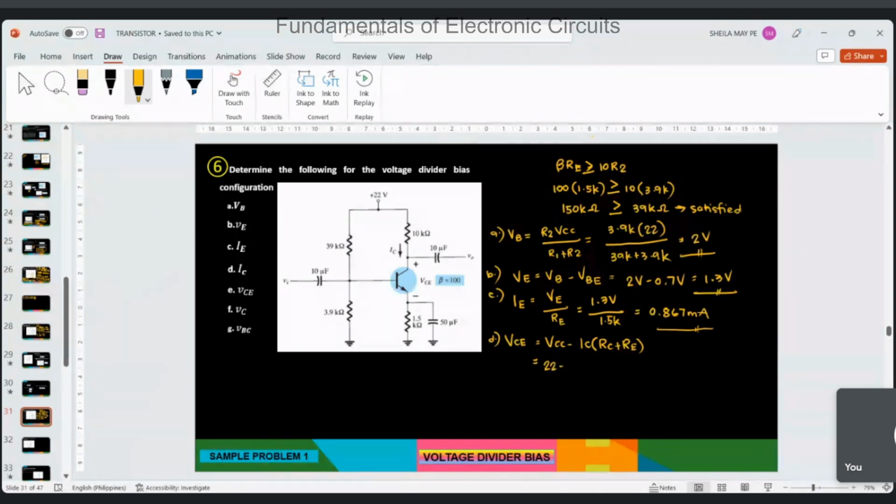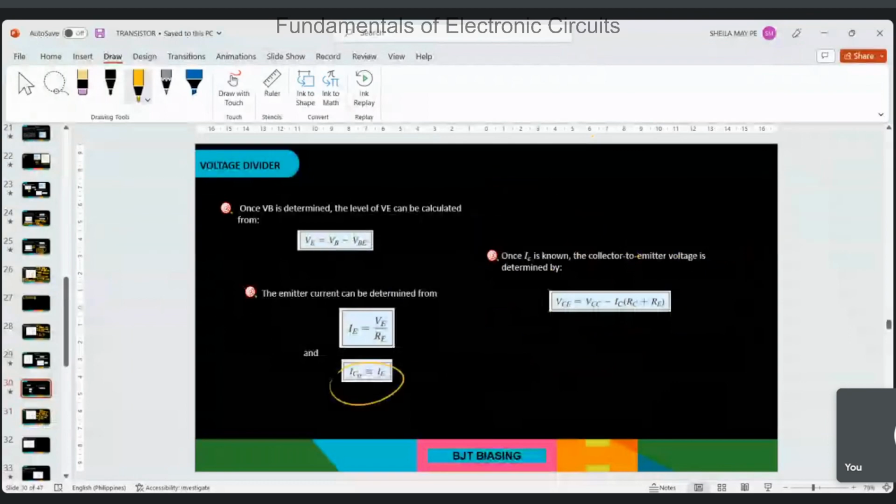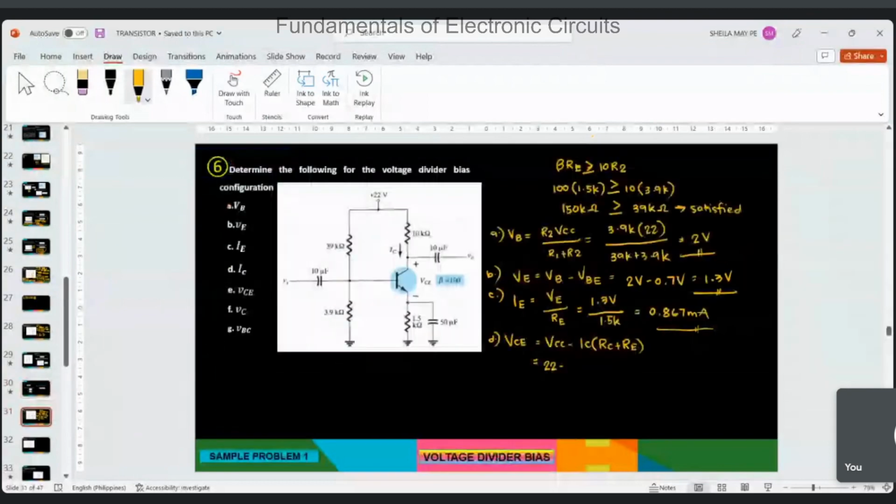IC is equal to our IE naman, diba? IC is 0.867 milliamperes, RC at 10K plus RE at 1.5K. 22 minus 0.867 times 10 to the negative 3 times 10K plus 1.5K.